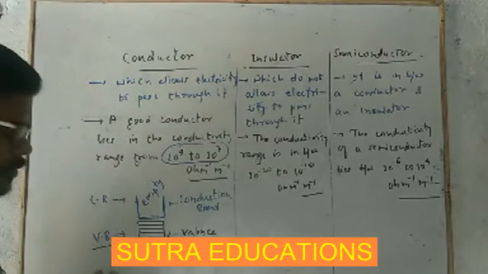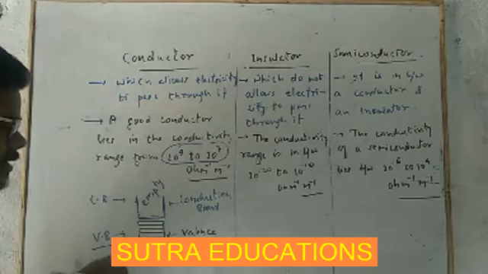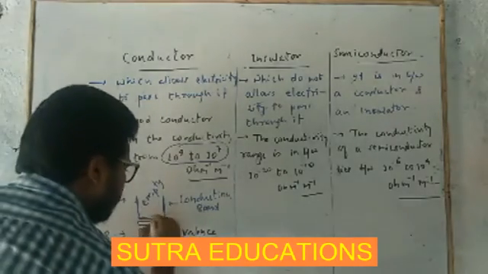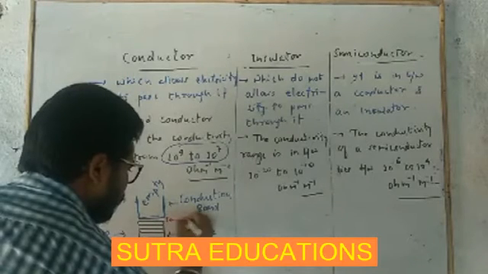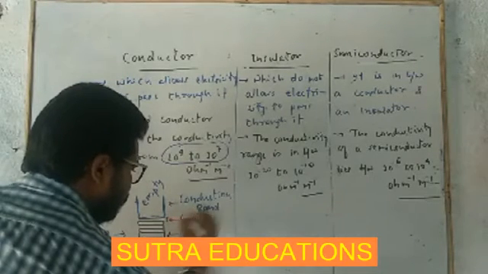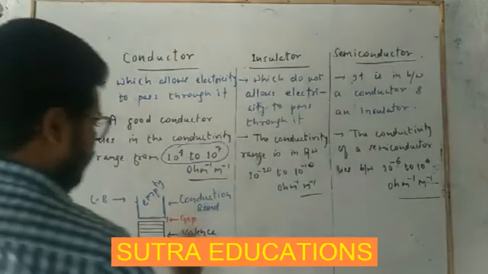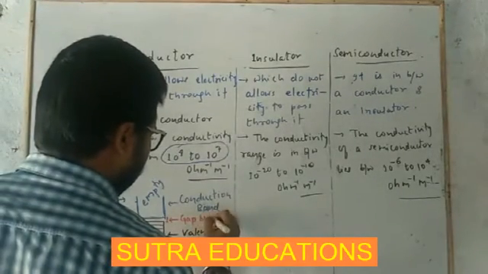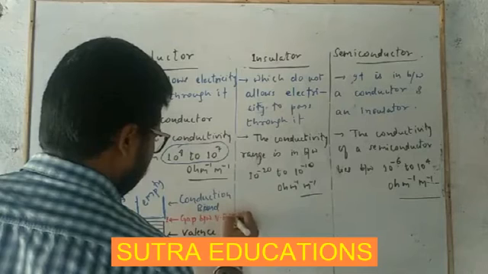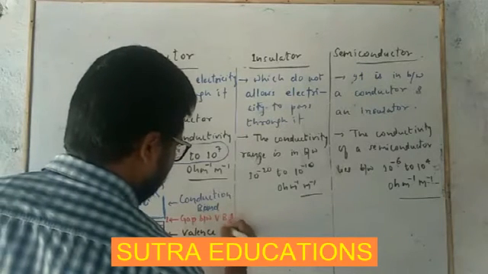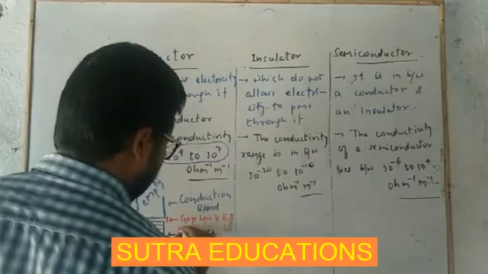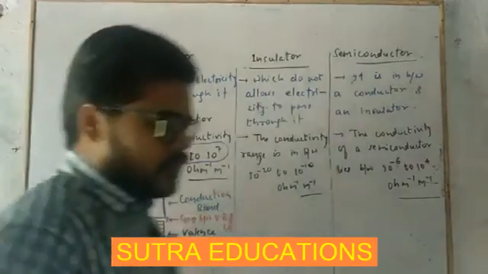And I told you in between valence band and conduction band a gap is there. So this is the gap between VB and CB. Getting this?